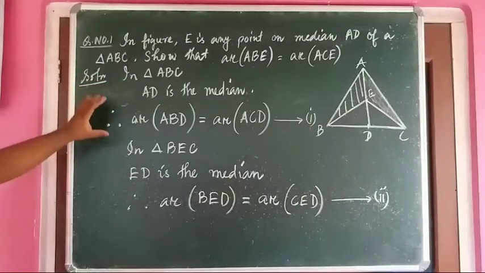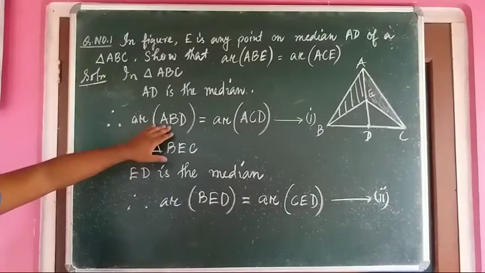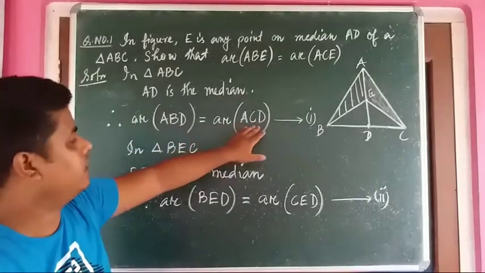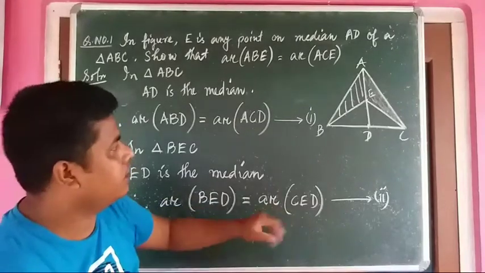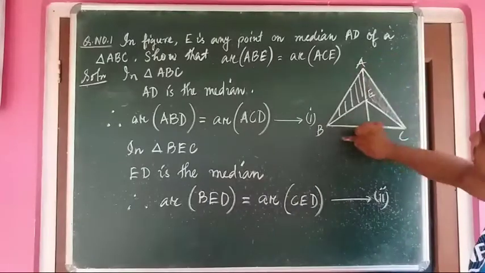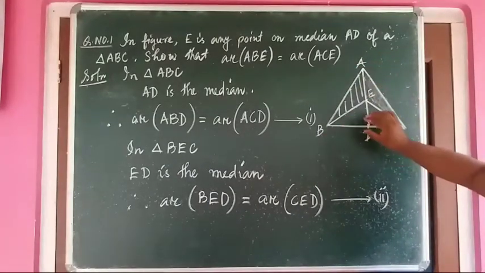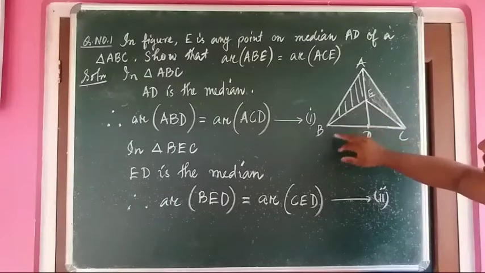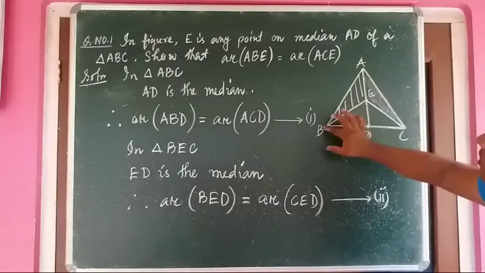Now, after getting two equations, area of ABD equals area of ACD, and area of BED equals area of CED. Now, look at this. From area of ABD, if we subtract the area of BED, we will be left with ABE.